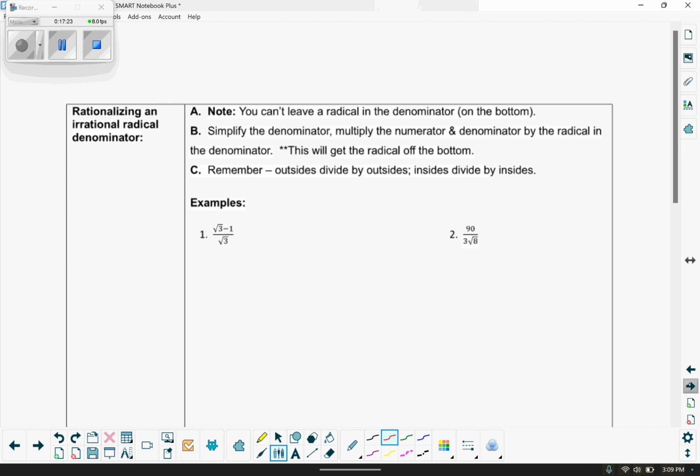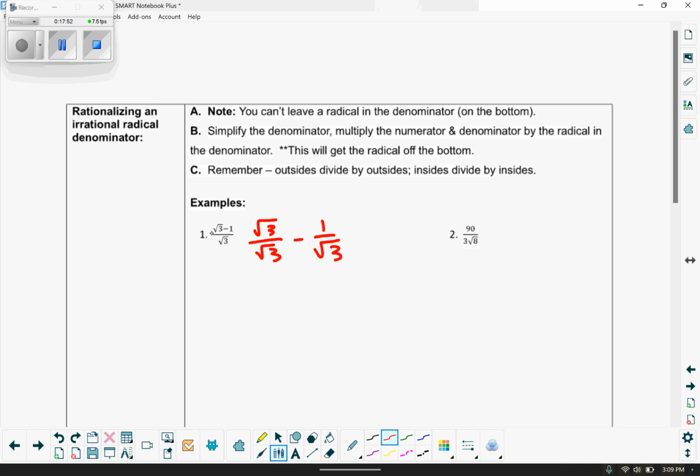A radical on the bottom is like somebody who's out of control, and if you don't take care of them, they end up causing havoc. So we're going to take care of that radical. You're going to simplify the denominator, and then you're going to multiply by the radical to get it off of the bottom.